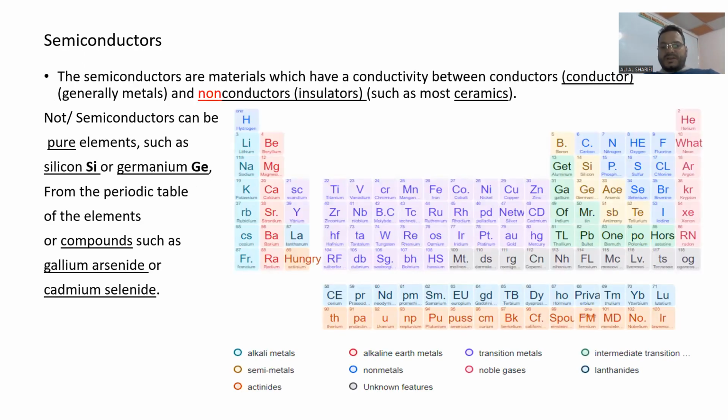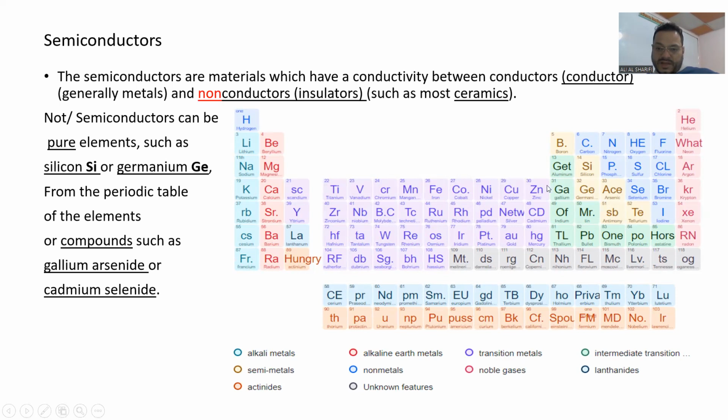Regarding the periodic table, if you don't have any idea about it, you must take a look at it and study it to know some simple information about it. For example, where are the semiconductors? The semiconductors are in these squares, where each one has a different color for a different material.